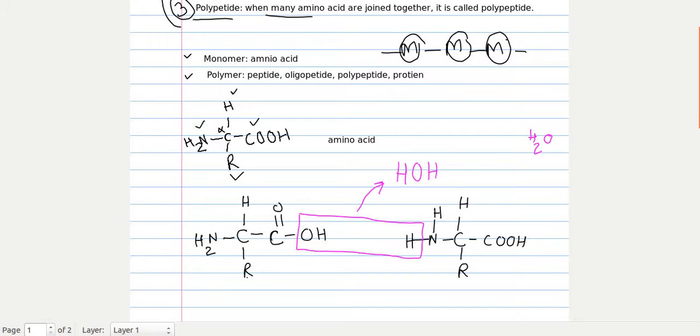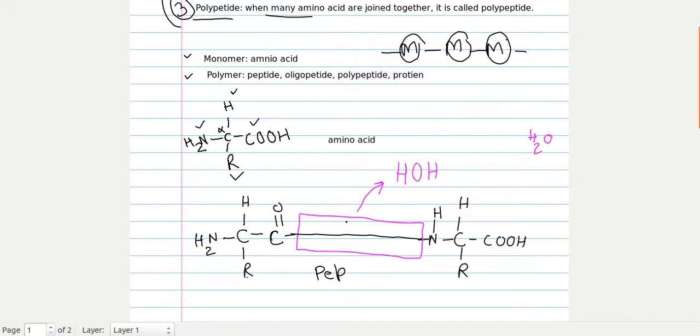So the OH is eliminated, and H from the NH, and a bond is formed between them. Let me Control Z. A bond is formed between them, and this bond is called peptide bond.